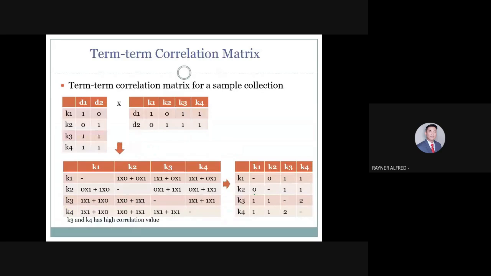For example, this is 2 documents with 4 keywords. When we multiply them, we get this. This number says that keyword 3 and keyword 4 are highly correlated to each other. So this is how we use the term document matrix in order to find the term correlation.